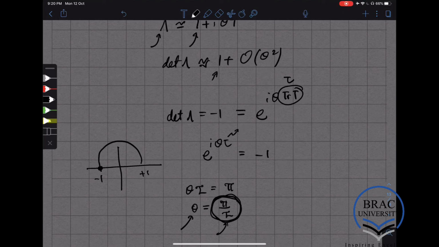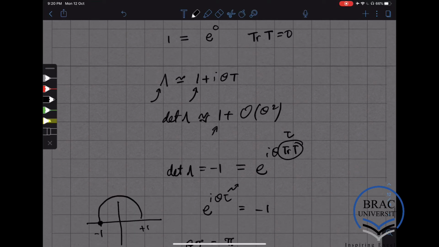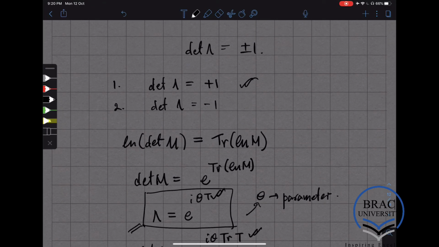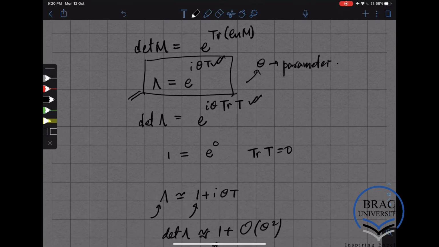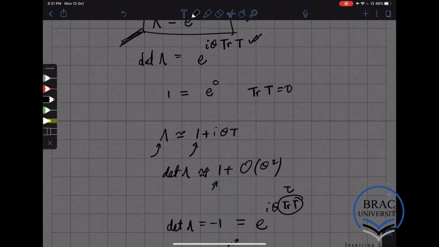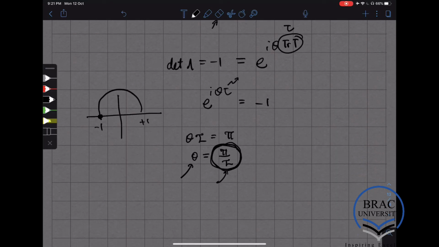That's what I'm trying to argue. So what I'm trying to say is that the determinant equal to -1 is not something that we can express in this form, and therefore, we cannot take theta to be an arbitrarily small number, and therefore write it as being continuously connected to the identity.